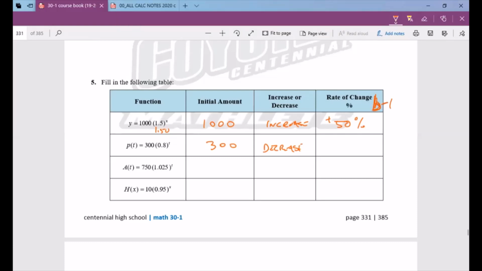And if we do b minus 1, so in this case, 1.50 minus 1 gives us 0.50. Multiply by 100, it's 50% increasing. b minus 1 in this case is 0.8 minus 1 is negative 0.2. This is decreasing 20%. It is going down at 20%. You're losing 20% of its value if your b is 0.8.